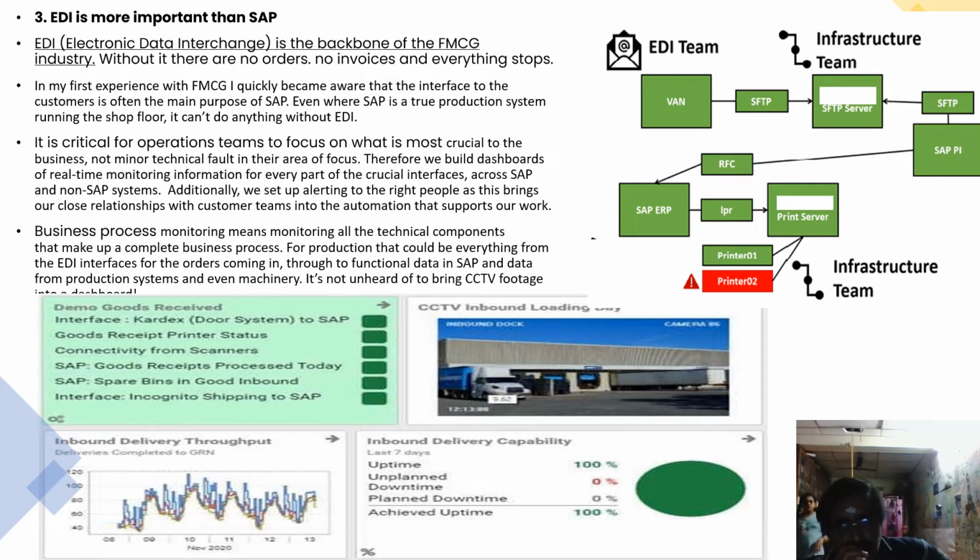We have the EDI interfaces through WAN connectivity using the SFTP protocol, which can be connected through an SFTP server, and the internet is connected to the SAP PI system. From PI it is connected to ERP through a direct RFC connection, and through that the SAP ERP takes care of all the customer or vendor interactions, right?